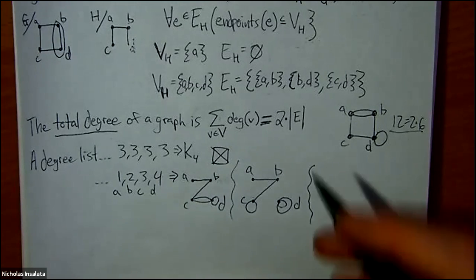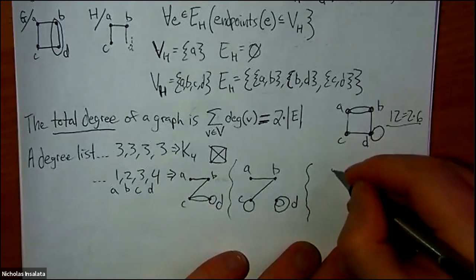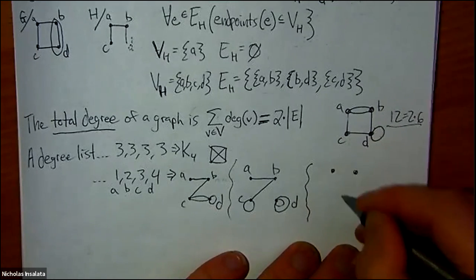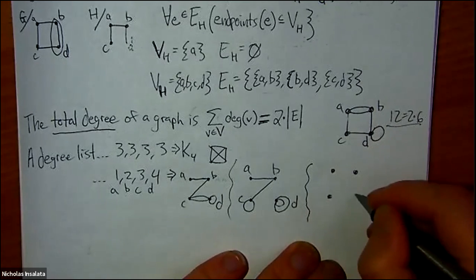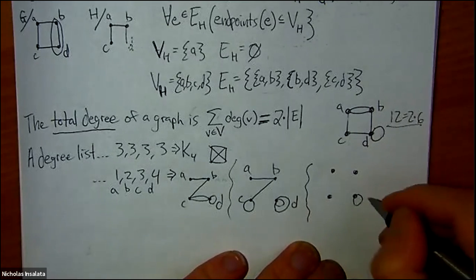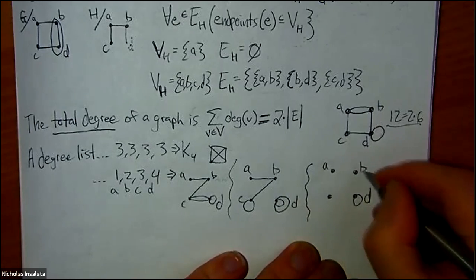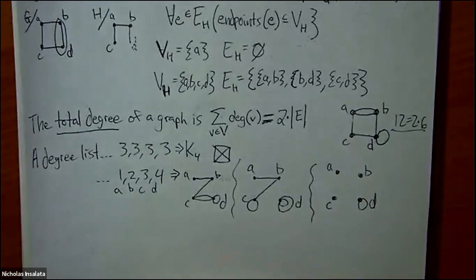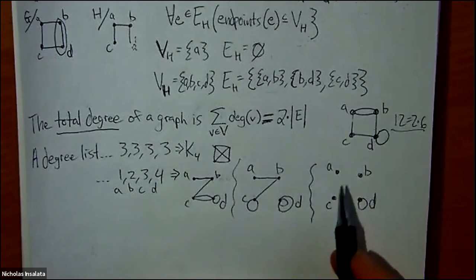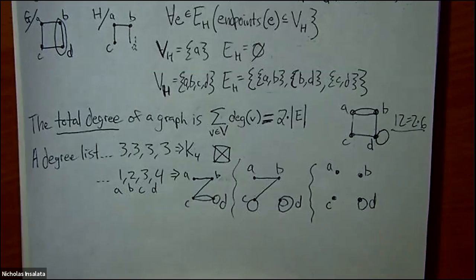So let's put a loop on D, but let's try to not use any other parallel edges or loops. Okay, so we're going to put a loop on D. And what else are we going to connect where to get degree 1, 2, and 3 on these guys?